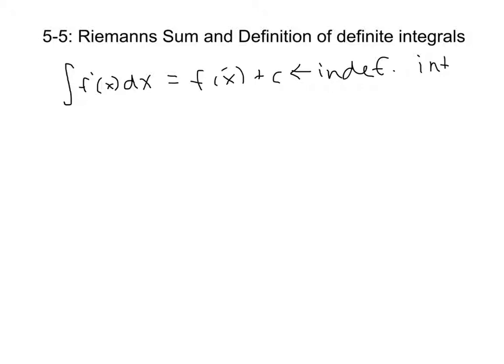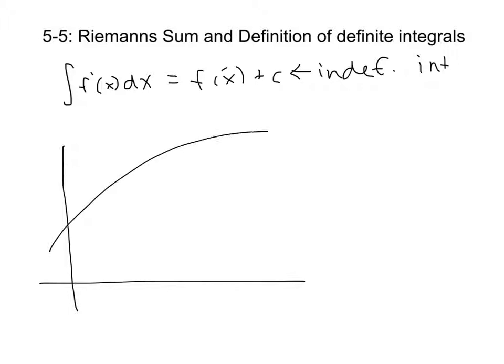Okay, so let's look at the area under some curve. So I'm going to draw some curve. And I want to figure out the area from A to B. Now, when we're calculating the integral, I know we want to break it up into equal width rectangles or equal width trapezoids.